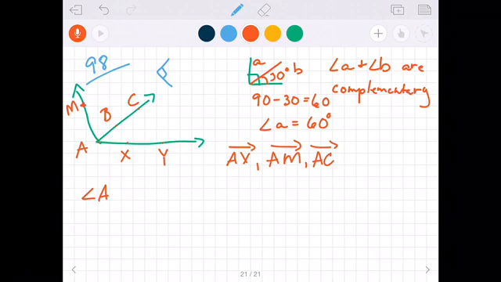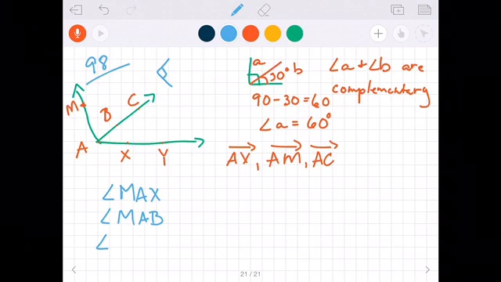We can name them as angle, I'm going to erase that angle A so that's not confusing. We can say we have angle MAX or MAY. We have angle MAB. We have angle BAX.